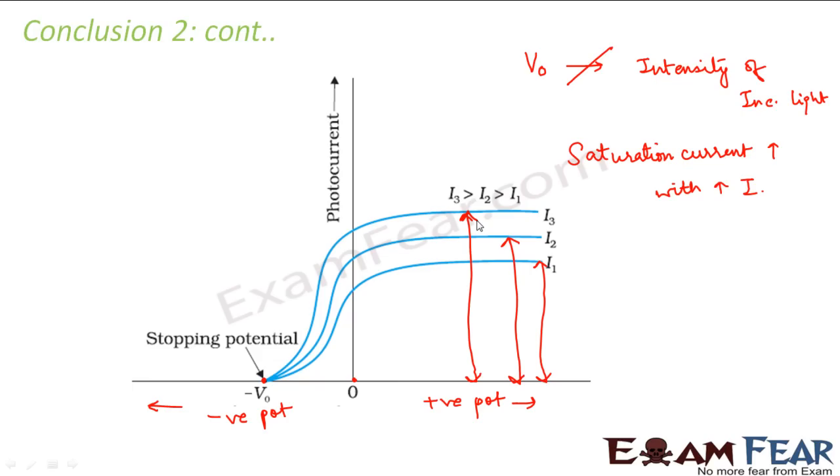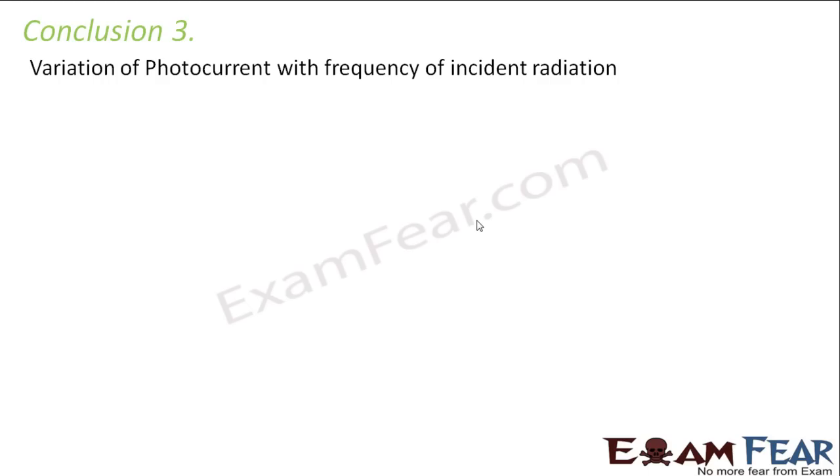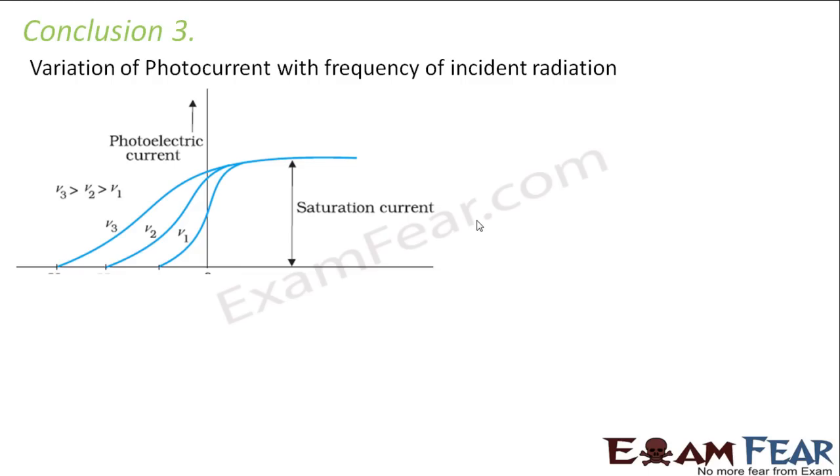So far we discussed 2 things: the dependence of photocurrent on intensity, and the dependence of photocurrent on potential. Now the third conclusion was the variation of photocurrent with frequency of incident radiation. We will now see if the photocurrent changes when we change the frequency of the incident radiation. For this also, experiments were performed for 3 different values of frequency.